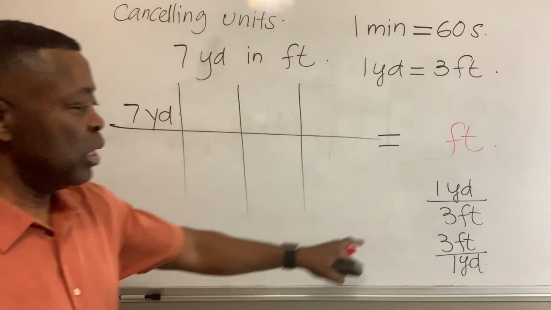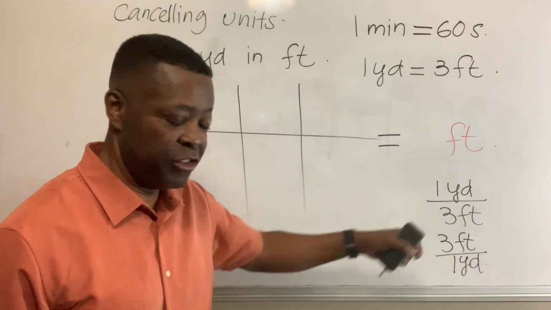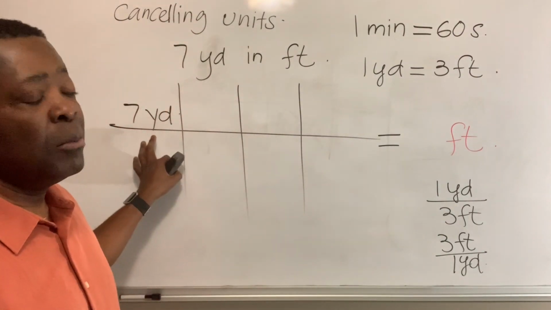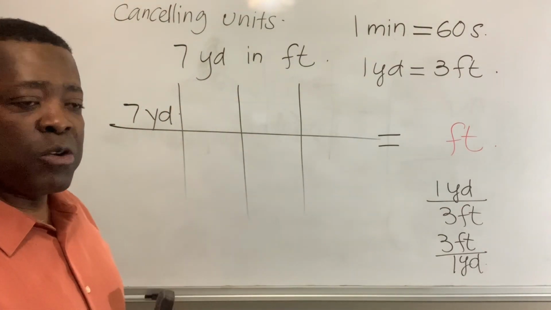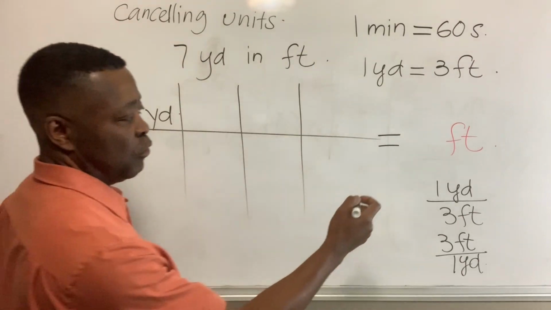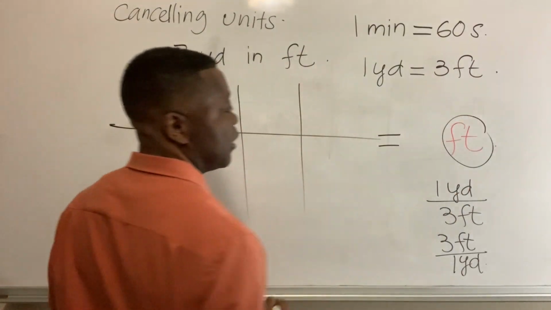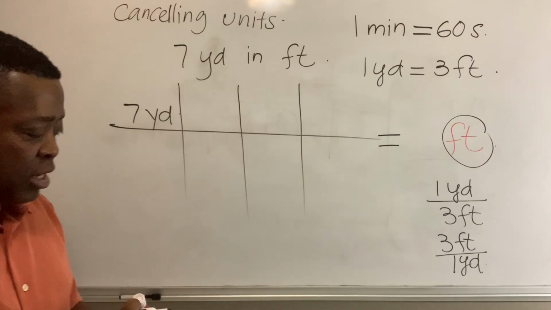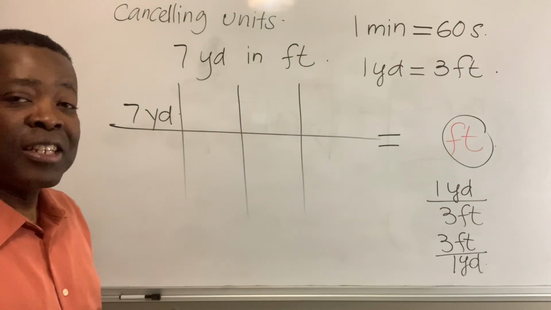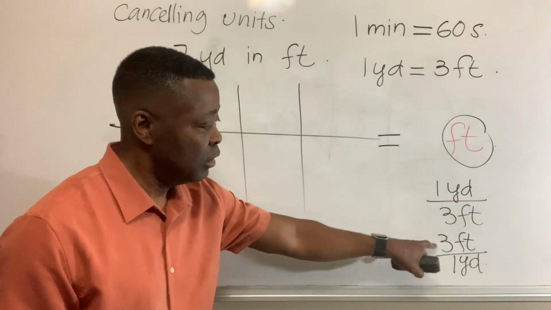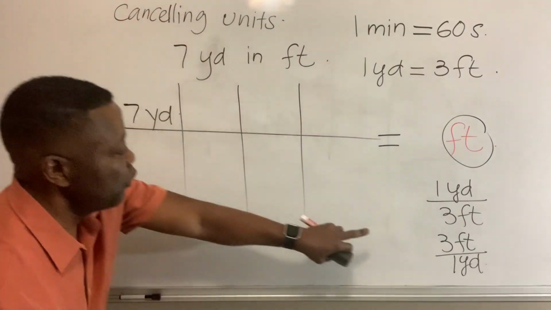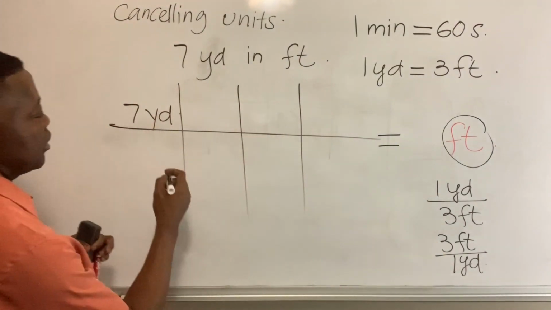I don't know yet which of these 2 ratios to use. The problem will dictate which one I use. I want to find feet in my answer, so I'm going to use the one where the feet is on top, which is this one. 3 feet for 1 yard.